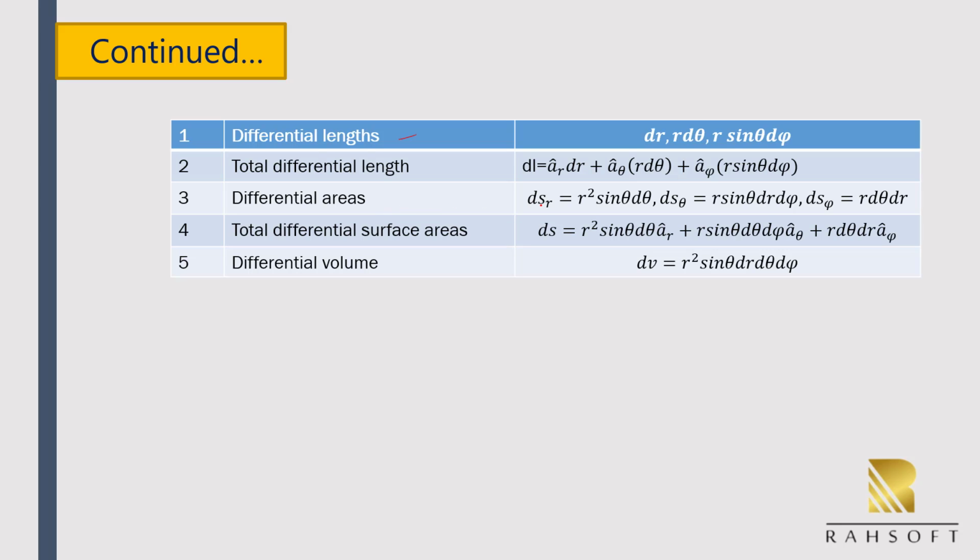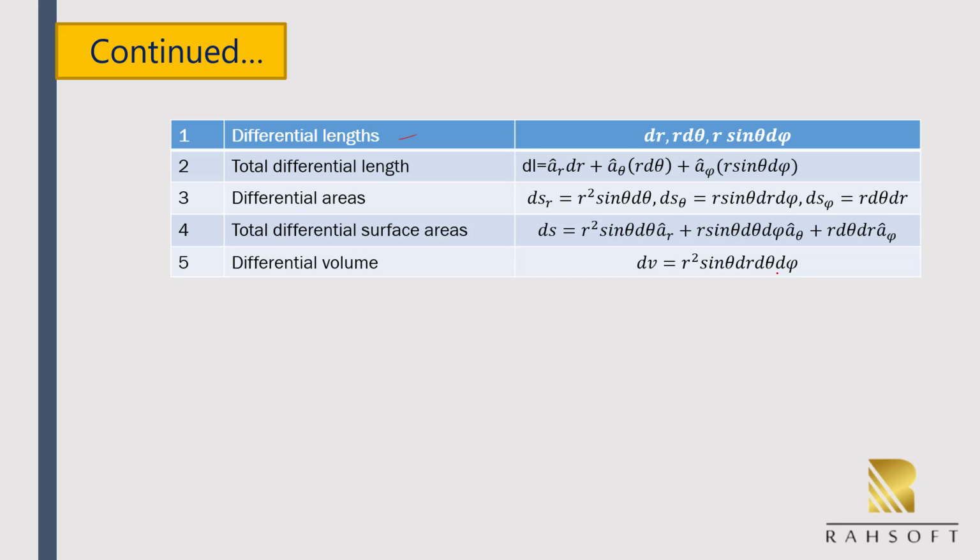And differential areas are r square sin theta d theta d phi, r sin theta dr d phi and r dr d theta. The total differential surface area is r square sin theta d theta d phi unit vector ar plus r sin theta dr d phi unit vector a theta plus r dr d theta unit vector a phi, and differential volume is dv equal to r square sin theta dr d theta d phi.